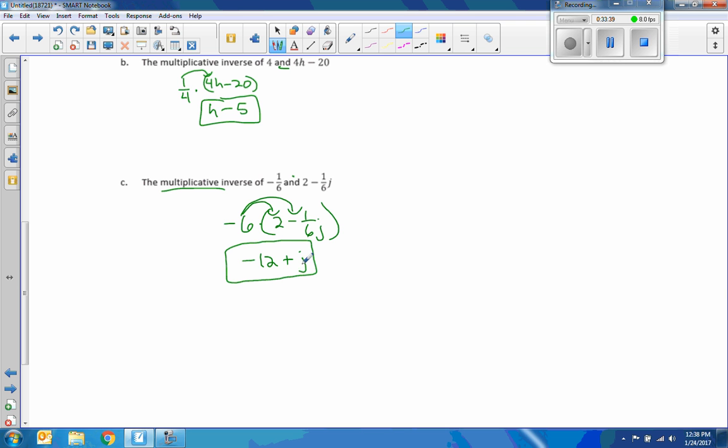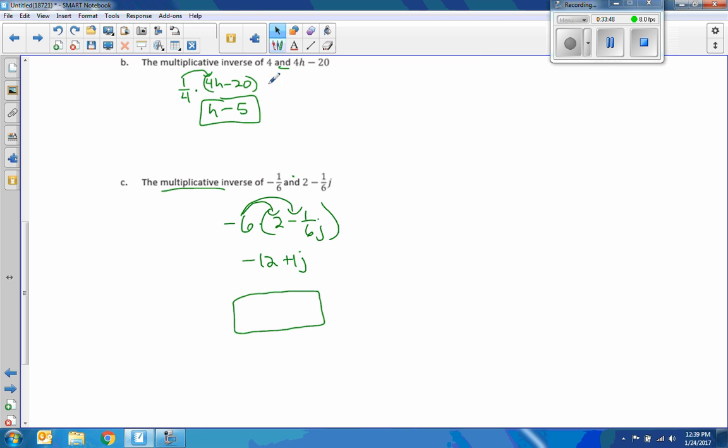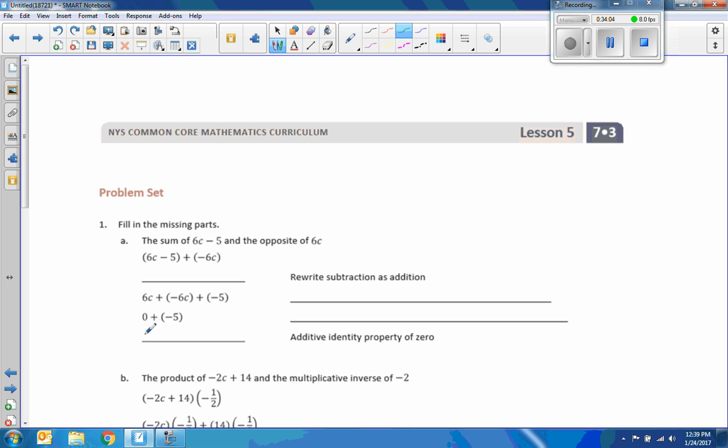But if you're not comfortable doing that, then put a 1j here and rewrite your answer as negative 12 plus j from your last step. So if you want to show your 1 here, that's the multiplicative identity here. Okay? Alright, that's the end of lesson 5. Now go do your problems.